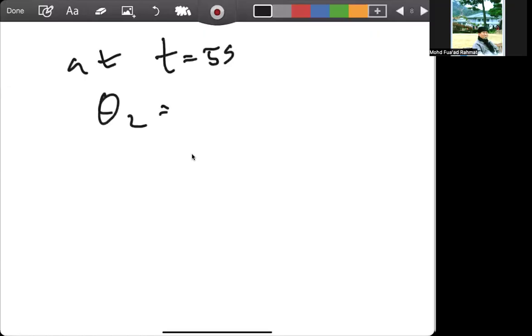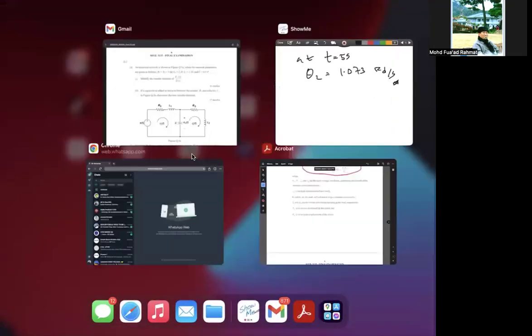So theta L is equal to 1.073 per second based on the theta L t expression just now. So we finish question 3. Okay.